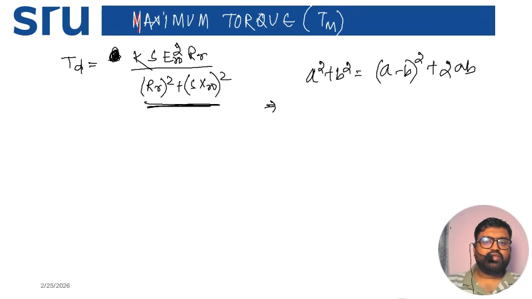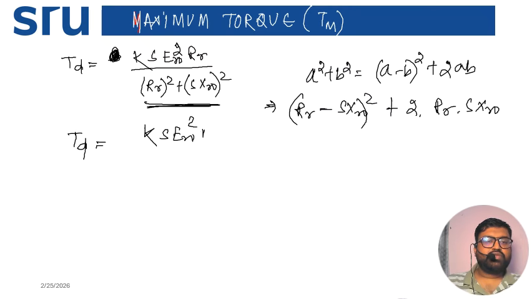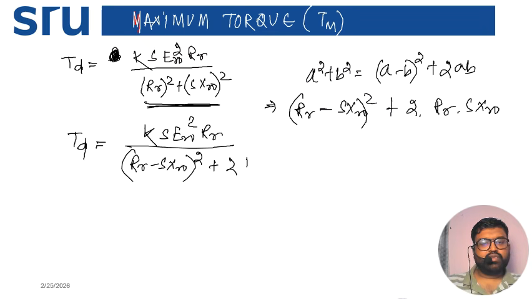Then what we can write is Rr minus S into Xr0 whole square plus 2 into Rr into S Xr0. Now you see the basic thing we developed: K into S into Er0 square Rr divided by Rr minus S into Xr0 whole square plus 2 into Rr into S Xr0.